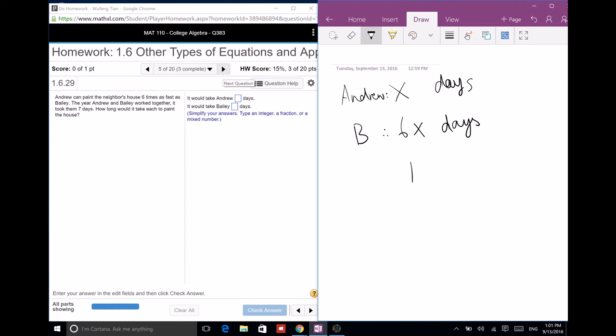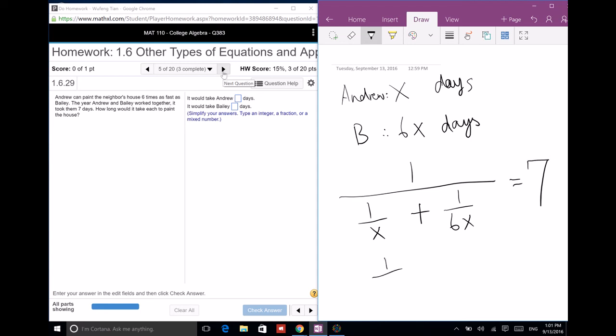Suppose the house is 1. Andrew can finish the house within x days, so in 1 day he can finish 1 over x. And in 1 day Bailey can finish 1 over 6x. This is how much they can paint of the one house in 1 day. And the one house over that is 7 days. Then we solve that.